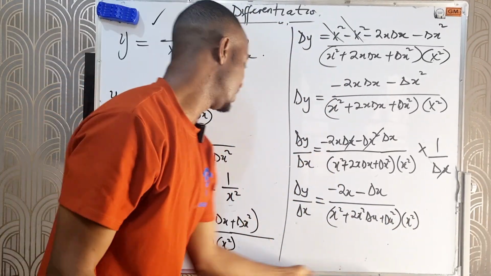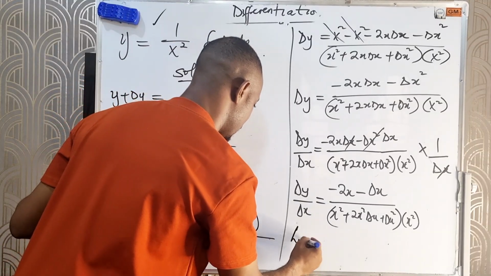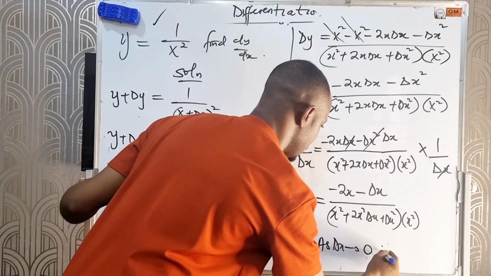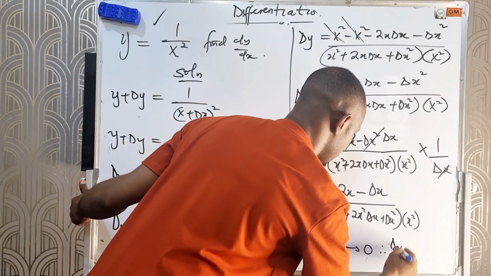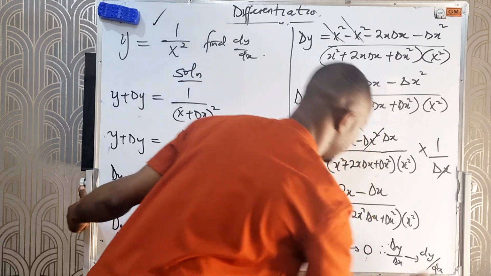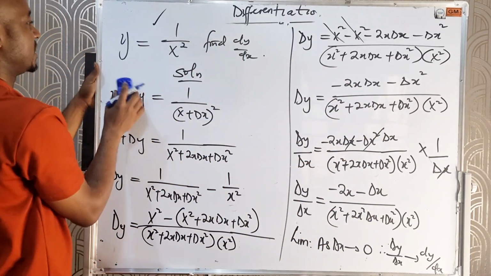Okay. Then at this point, I can take my limits. Limit says as delta x approaches 0, delta y over delta x must approach dy over dx. So let's go. Let's take our limits.